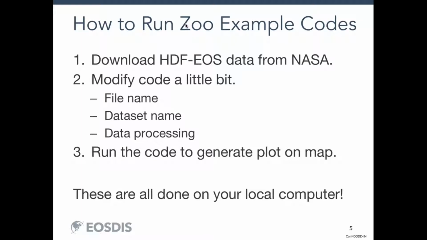For people who are not familiar with HDF-EOS, we maintain a website called hdf-eos.org, and we provide a lot of examples. If you don't know how to use it, you can convert to your own data format like Excel or GeoTIFF or CSV, and we provide all kinds of examples of how to use these data with ArcGIS, Google Earth, and Excel.